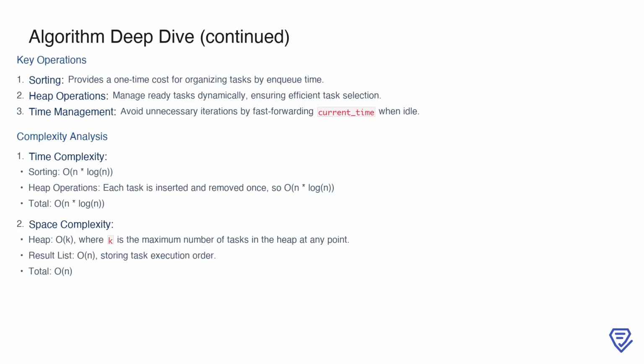When analyzing the algorithm's complexity, the time complexity is dominated by the O(n log n) cost of sorting and the O(n log n) cost of heap operations, resulting in a total complexity of O(n log n). For space complexity, the heap requires O(k) memory, where k is the maximum number of tasks in the heap, and the result list requires O(n) to store the execution order. Overall, the algorithm is both time and space efficient for the given problem.